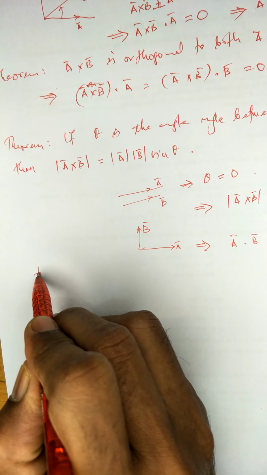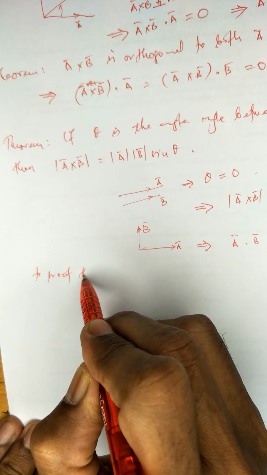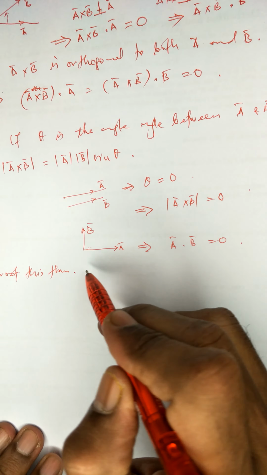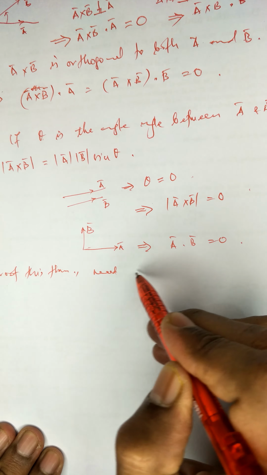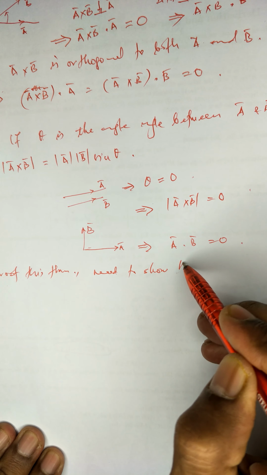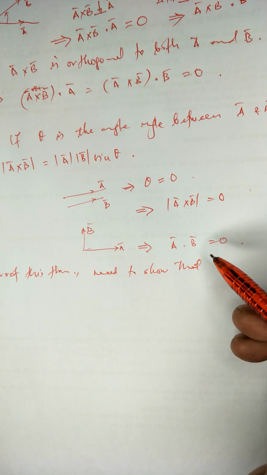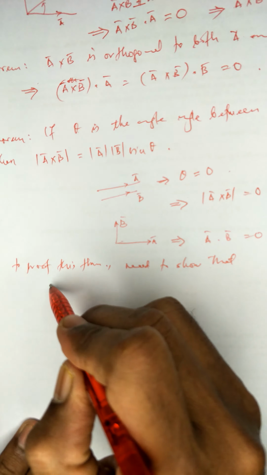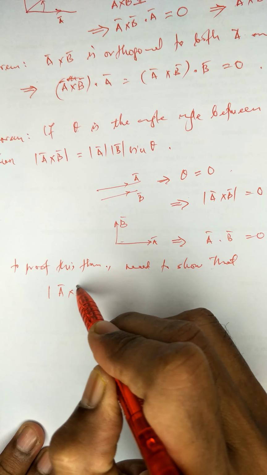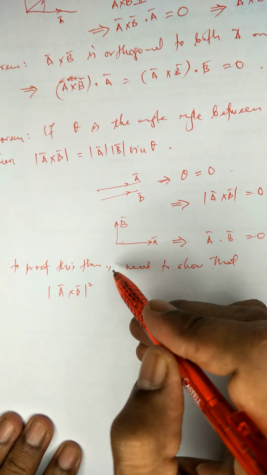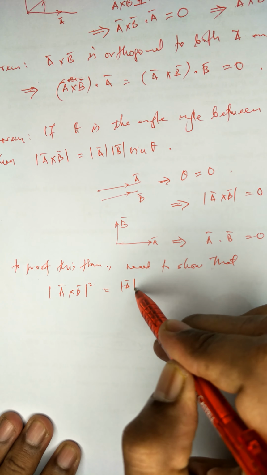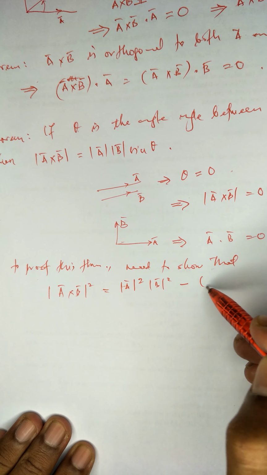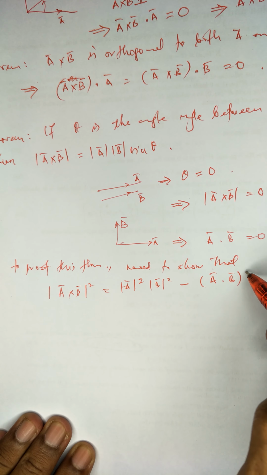Now to prove this theorem, we need to show that the magnitude of A cross B squared is equal to magnitude of A squared times magnitude of B squared minus A dot B squared.